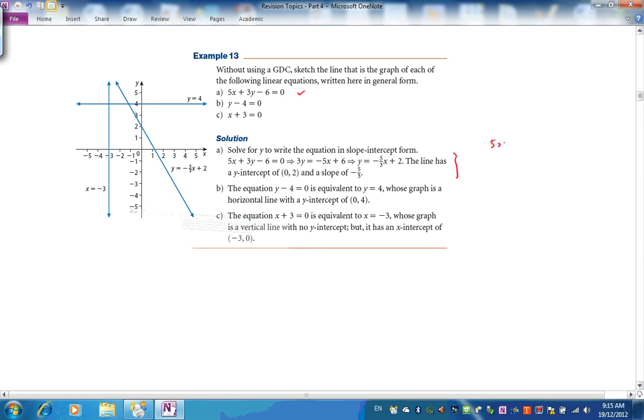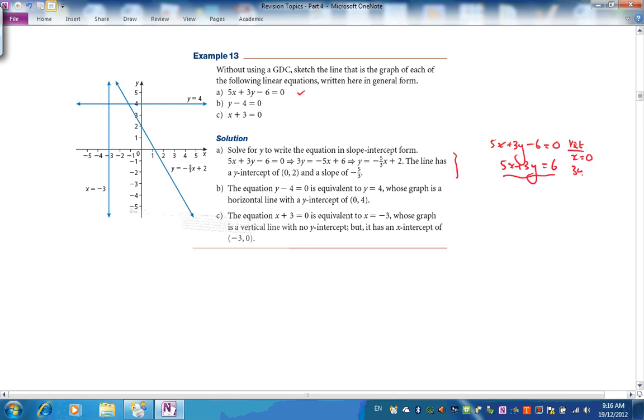I don't really think that's the easiest way of drawing that graph, because here what we could do, 5x plus 3y take 6 equals 0. A good way of doing it is to change that to that form and then talk about the y-intercept is when x is 0.